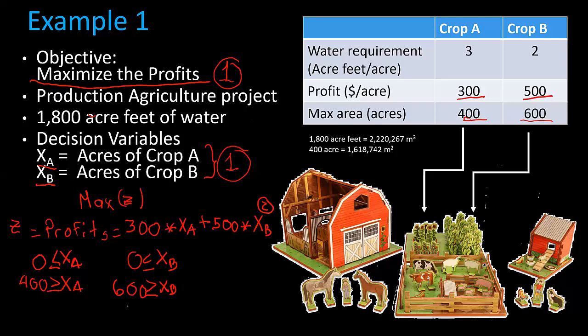Crop A is using 3 acre-feet per acre times the number of acres for crop A, plus 2 acre-feet per acre, the amount of water in one plot for crop B, times the acreage of crop B, and this has to be less or equal than 1,800.